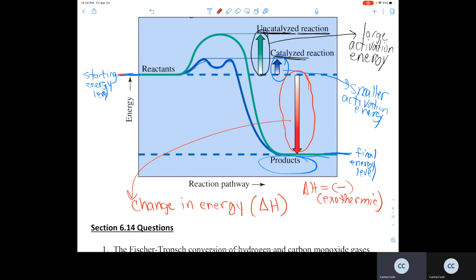You start off at a higher energy level and end up at a lower energy level. So delta H, the final energy minus the initial energy, is going to be a negative number, and that makes the reaction exothermic.